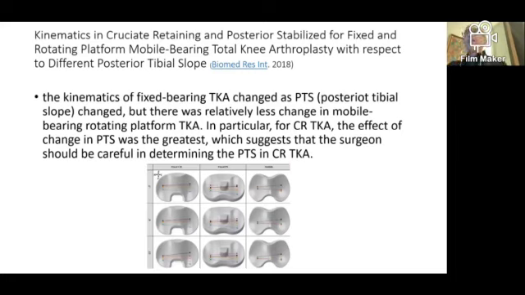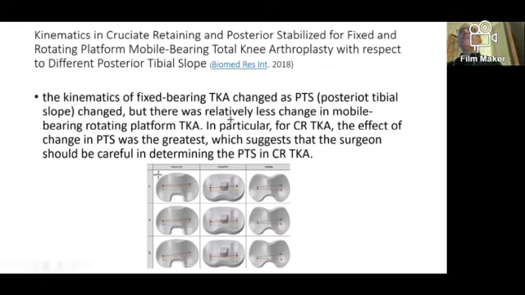Another question with these problems of kinematics on the tibial plateau is cruciate retaining, posterior stabilizing, or fixed versus rotating platform mobile bearing total knee arthroplasty with respect to the different posterior tibial slope. This study was in 2018 in BioMed Research.